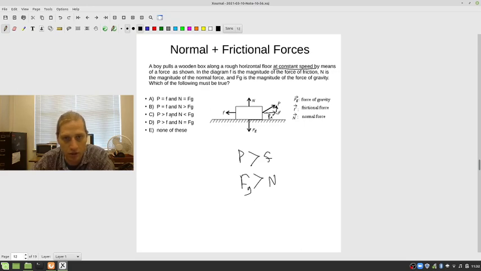So normal force is less than force of gravity, yes. P is greater than F, yes. There we go. Again, if you're stuck on this type of problem on an exam, draw out the picture, list what you know, give me whatever reasoning you can.